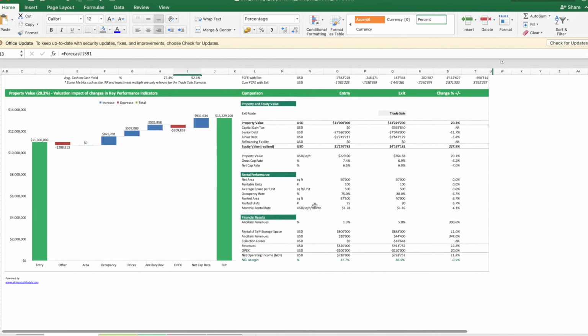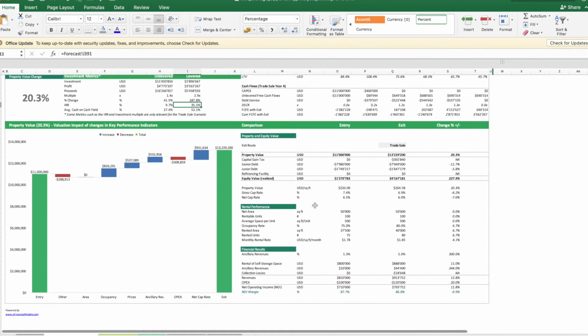Then what we also want to understand is why did the property value go up? So we have here a list of all the factors. We start here with the net cap rate. If we change the net cap rate from 6.5 to 6, you can see that alone was this effect. We have higher OPEX from the beginning where we started to the end, so the value will go down because we have a bit higher OPEX.